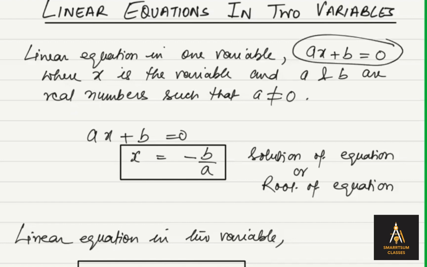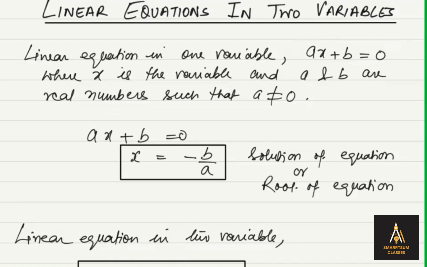This is the form of linear equation in one variable where the variable is x, and a and b are real numbers such that a is not equal to 0. Is that clear?